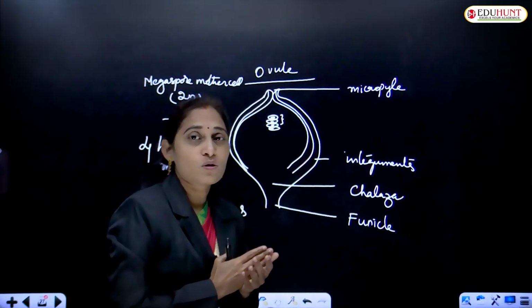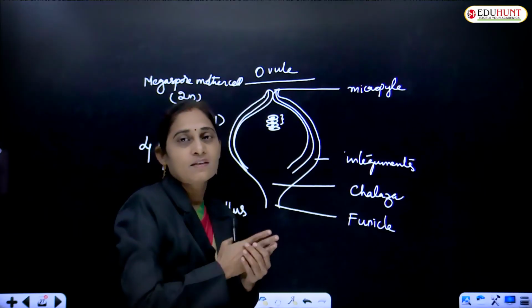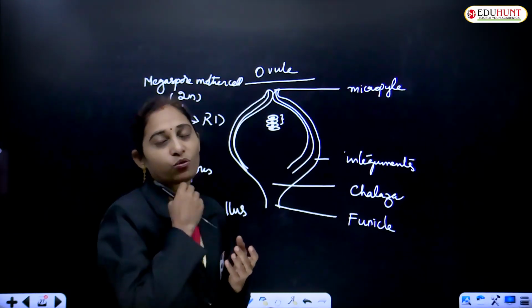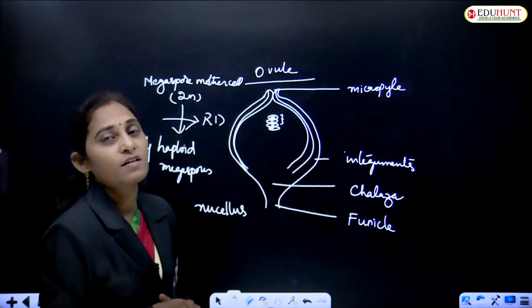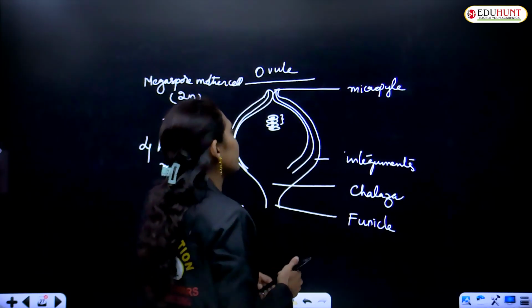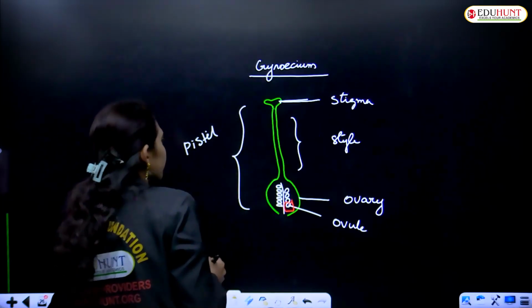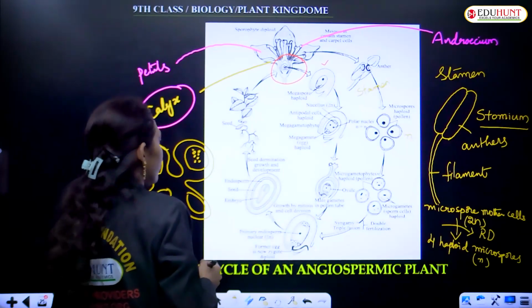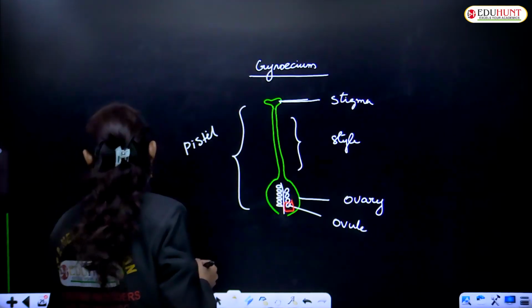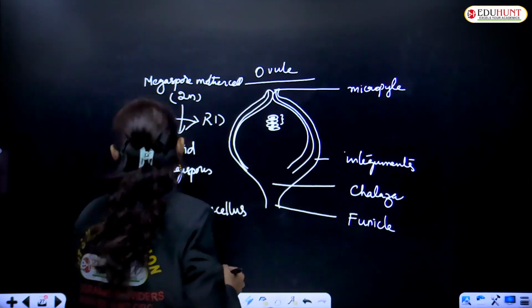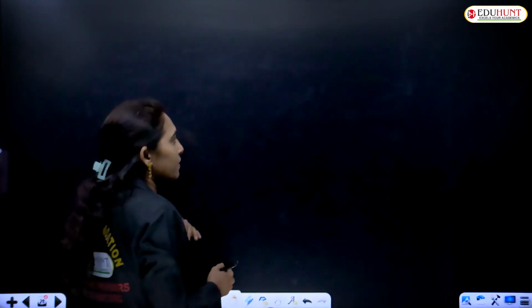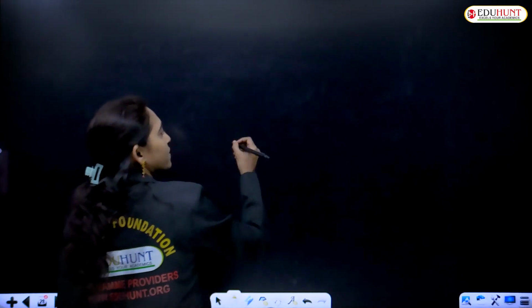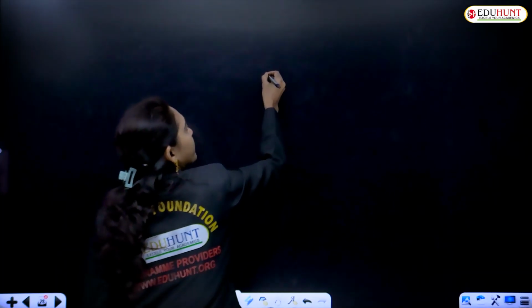If it undergoes one division, it will give rise to 2 nuclei. If it undergoes two, 4 nuclei. Thrice, 8 nuclei.